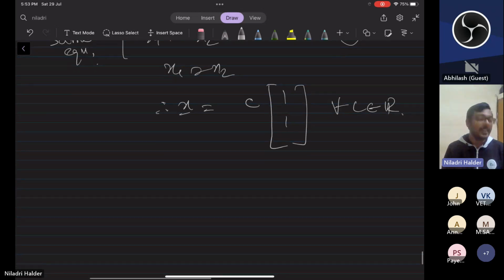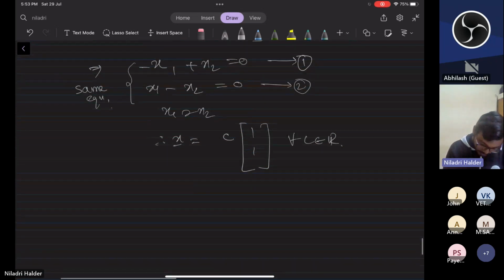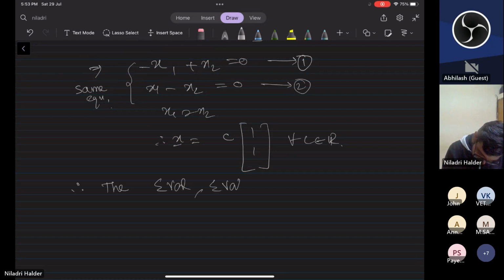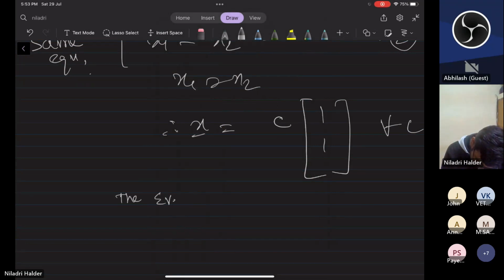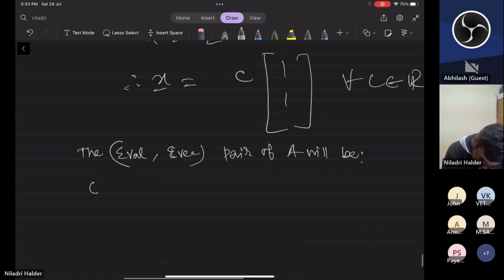So this is another eigenvector, for eigenvalue 5, and the earlier one is for eigenvalue 3.